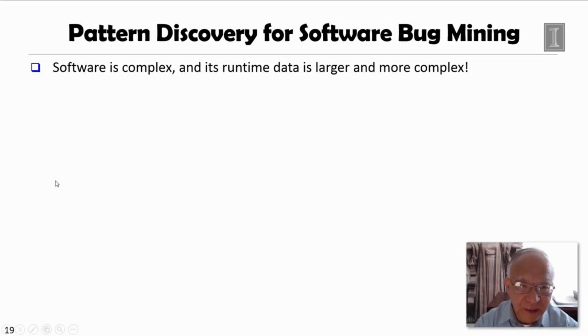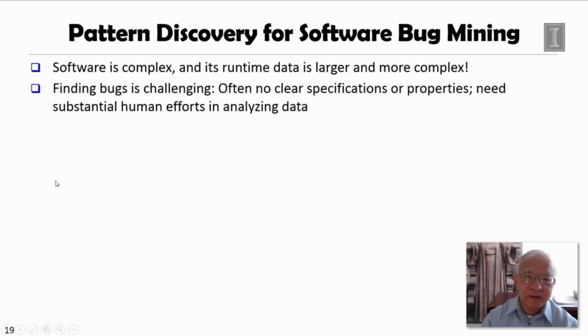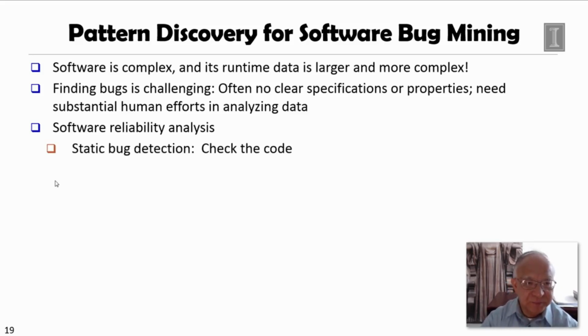So automatic debugging, finding software bugs, is a very challenging issue because often there's no clear specification or property we can rely on. We have to invest substantial human efforts to analyze data, analyze the source code, and analyze bugs. So if we can have certain automated tool to do software reliability analysis to find bugs, it will save a lot of people's effort.